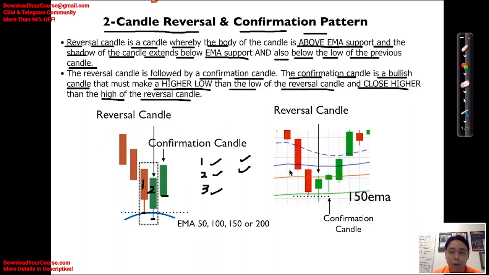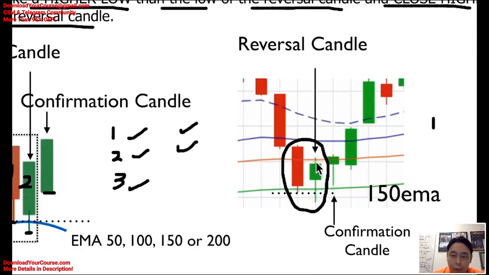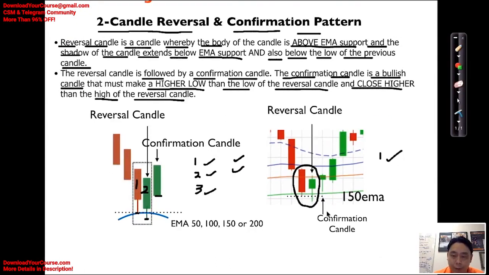All right. So over on the right, you see an actual candlestick on the chart showing this pattern. Let's take a look. Now, is this a valid 2-candle reversal pattern? What are the 3 criteria? Criteria 1, the body of the reversal candle must be above the moving average. In this case, it's the green moving average, which is the 150. Check.